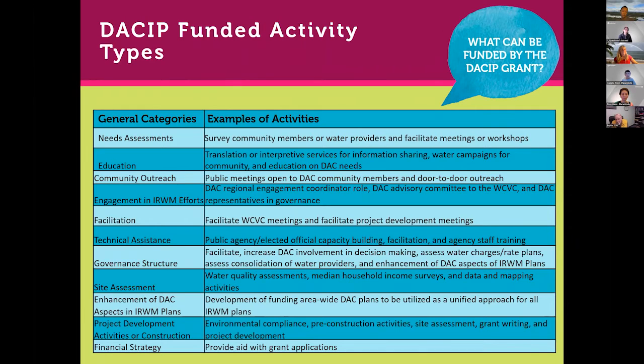Education programs, community outreach, and organization. Again, we're developing what I'm going to call pamphlets for how communities can better participate in the IRWM. There can be projects based around facilitation, creating avenues where communities have better communication with their water service providers. There's just general technical assistance.